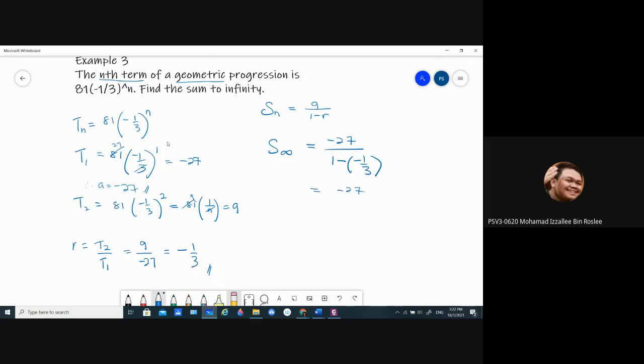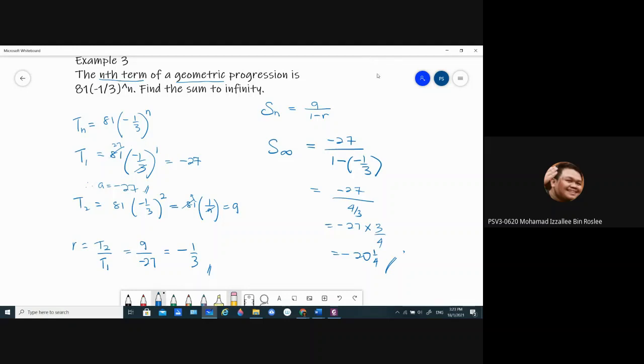Negative 27 over 1 plus 1 over 3. 1 is 3 over 3, so 3 over 3 plus 1 over 3 is 4 over 3. So this is negative 27 times 3 over 4. Correct? So this is negative 81 over 4. This is our answer.